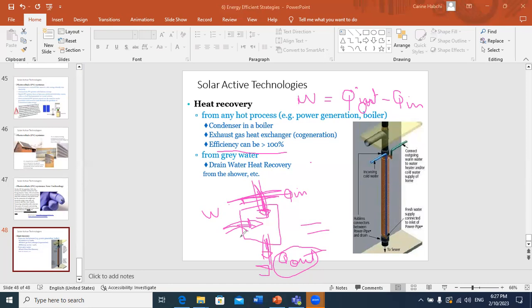Because you are putting work into your system, you can extract heat from a relatively lower temperature, which is inside your space. An example: during summer, inside you have 27 degrees and outside you have 35 degrees.